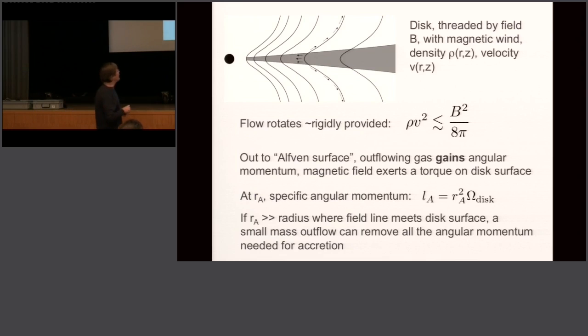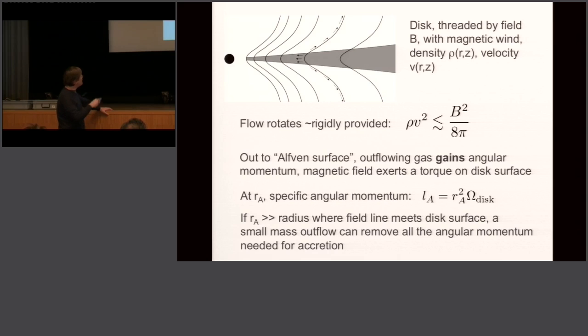How do those magnetic fields that are threading the disk surface act to take away angular momentum? So here's the cross-section of the disk, and here is this net magnetic field, which is now threading the disk. And what we've imagined is that because of the inflow towards the star, that field is no longer completely vertical, but instead it has this bent shape due to the inflow through the disk interior.